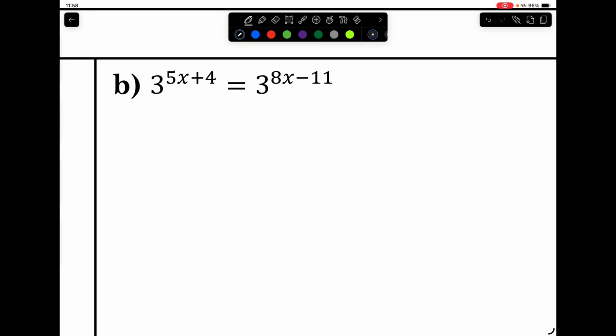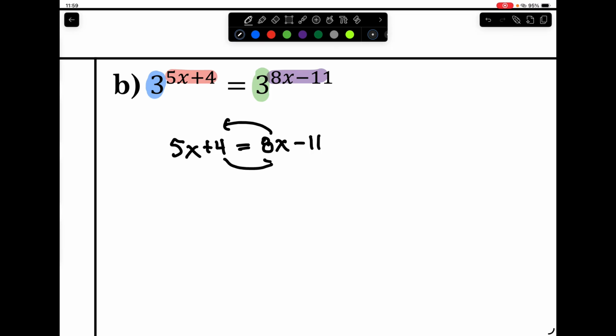So let's now move on to the second example. Same scenario: we have two powers and the bases are the same. Here the power has a base of 3 and the exponent is 5x plus 4, and that's going to equal a power where the base is also 3, but the exponent is 8x minus 11. Since those bases are the same, the exponents have to be equal. So we get 5x plus 4 and set it equal to 8x minus 11. Now we follow our algebra rules with letters to the left, numbers to the right.